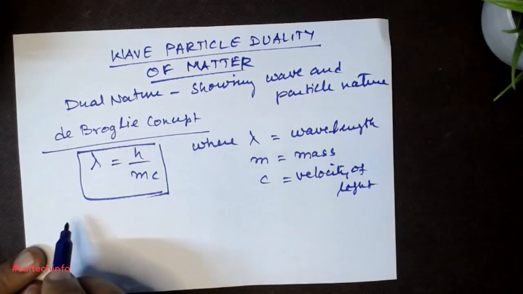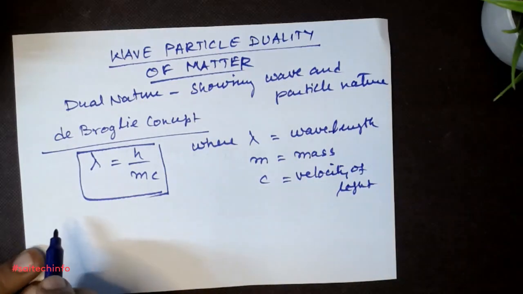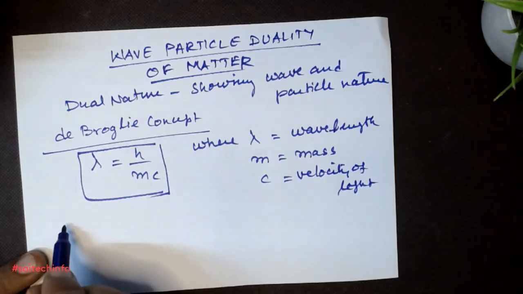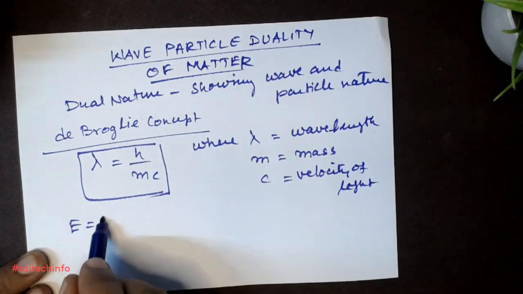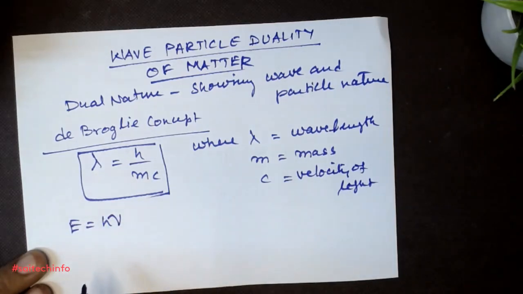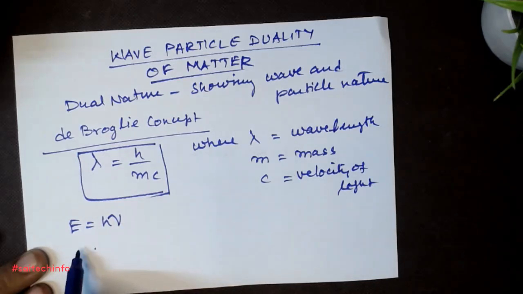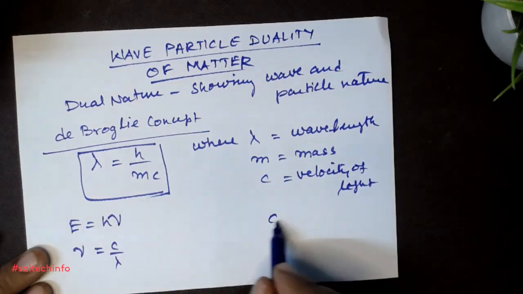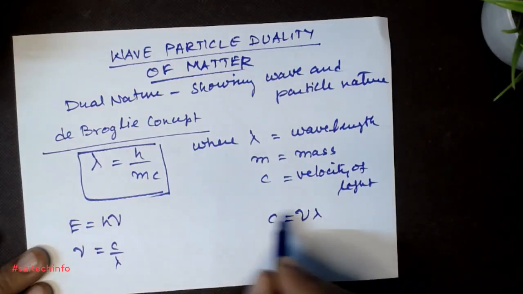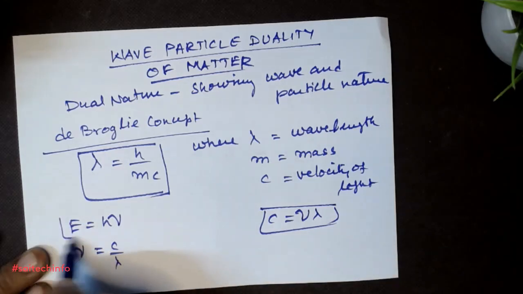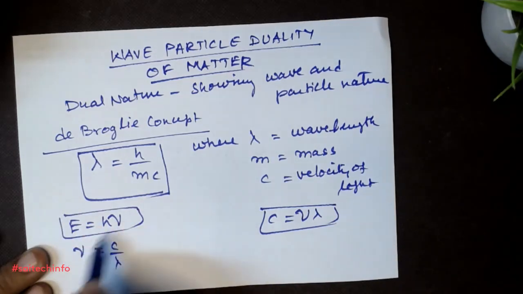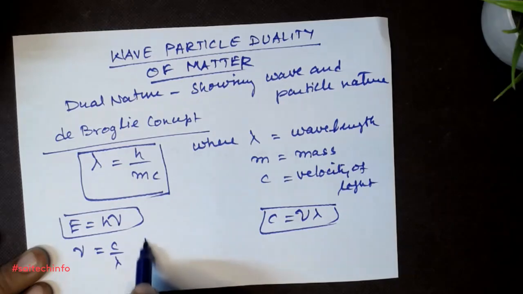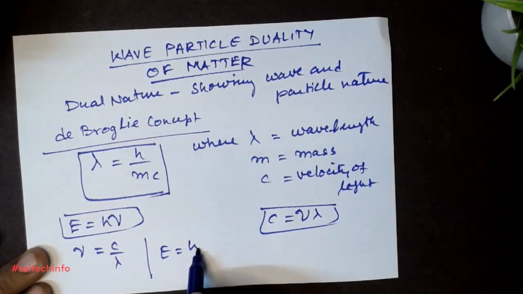As I already suggested, he was able to get it from two equations. One is according to Planck's equation, E is equal to h nu. And this nu is nothing but c by lambda, because c is equal to nu lambda. So we can replace nu, that is, E is equal to hc by lambda.